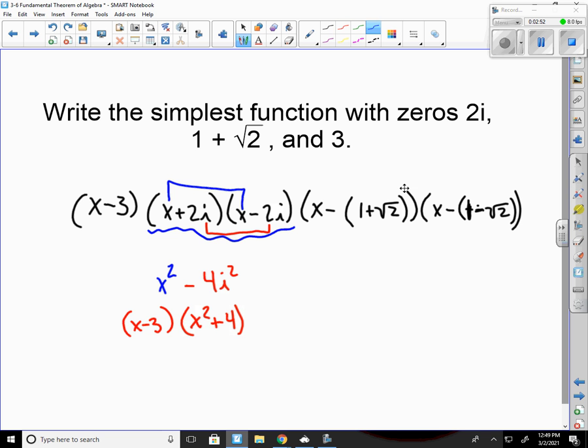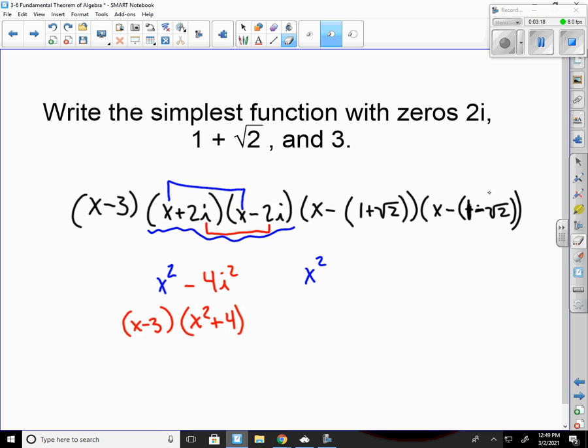Now this part here is where it gets a little more complicated. So first I'm going to multiply, same way I did before, x times x. That gives me x squared. Now if I do my outer, that's going to be negative 1 minus the square root of 2. So I'm going to distribute this negative first.